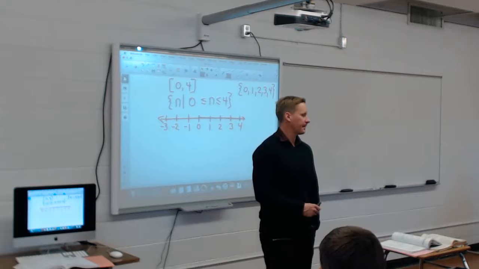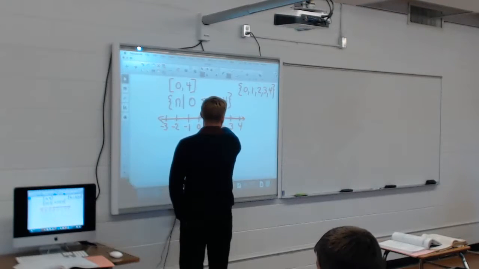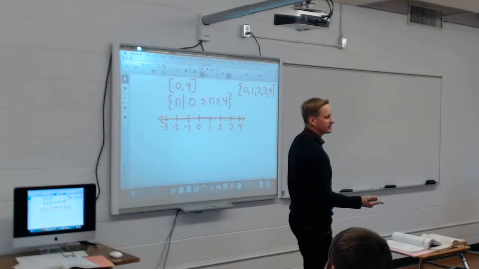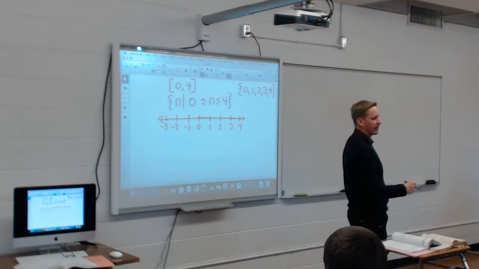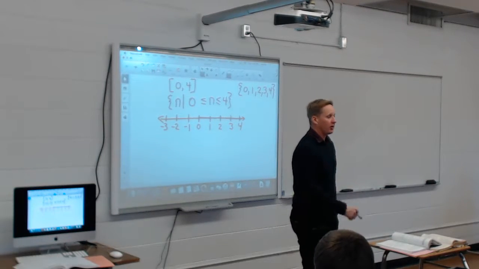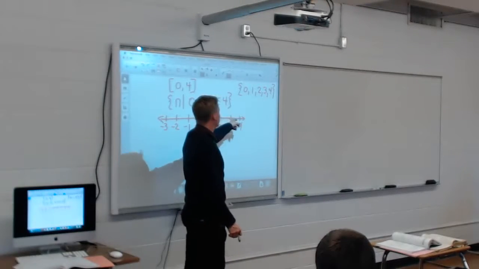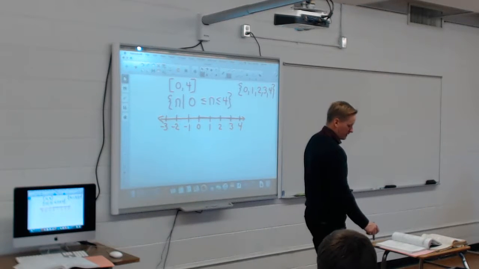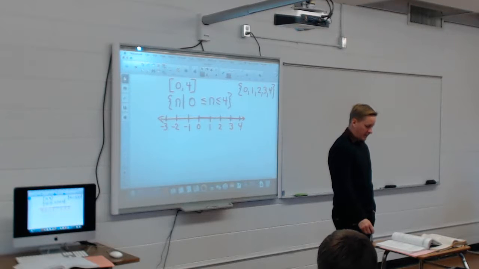Yes. N is just the numbers describing the graph. Now, I can use any variable. I could use x, I could use y if I'm describing range. But in this case, because I'm just using a number line, I'm going to use N. And all N indicates is all the values between 0 and 4, including 0 and 4. Okay? So I've done a list, I've done set notation, I've done interval notation.